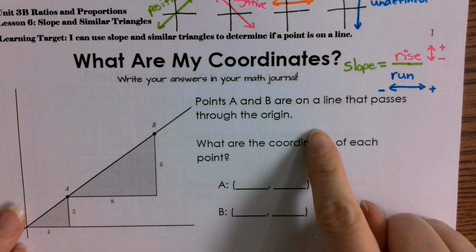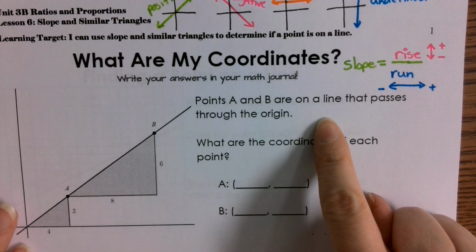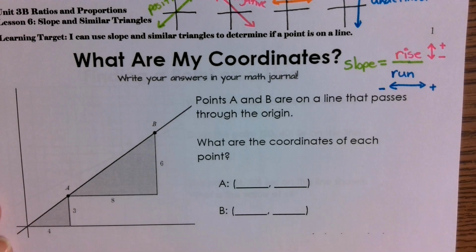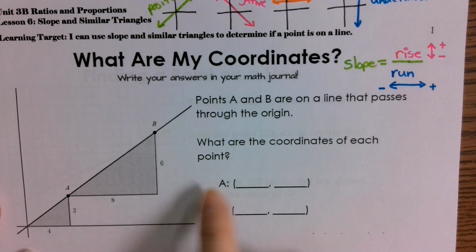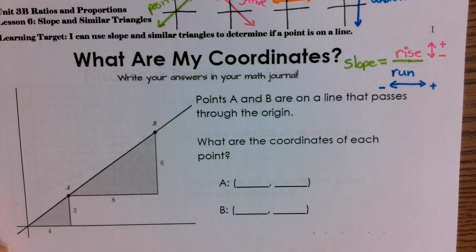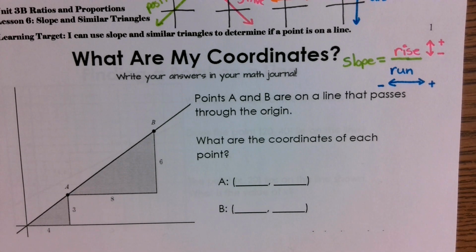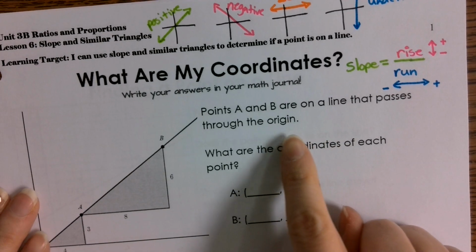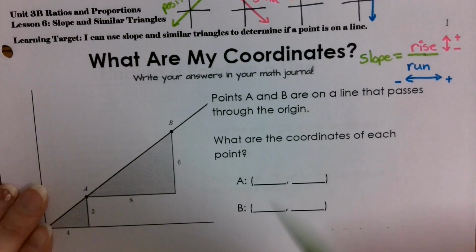From here, what we want to do is first identify what the slope is, and then using some of these characteristics of the slope, we're going to find what the values are for each of these points that we have graphed here. So we're first going to start off with identifying our slope.